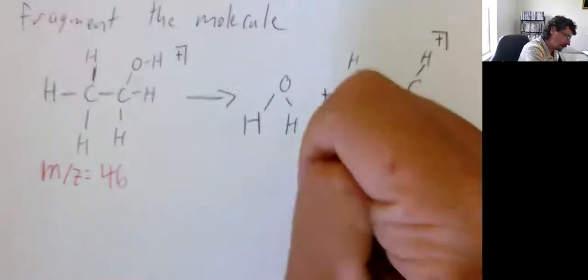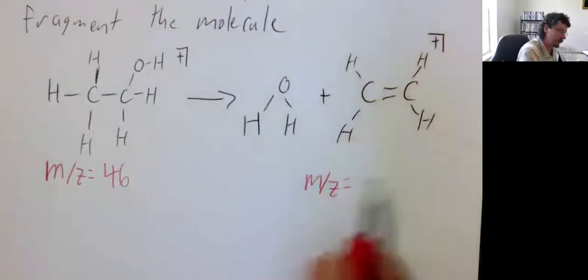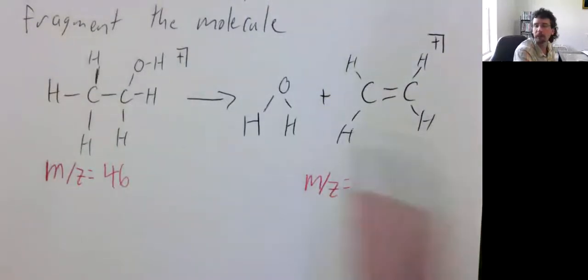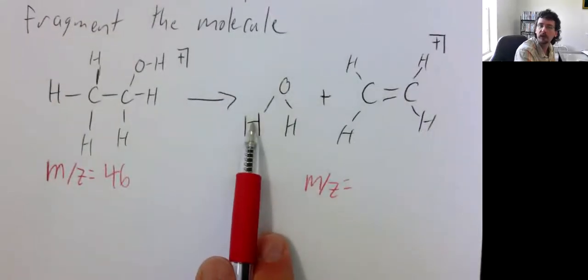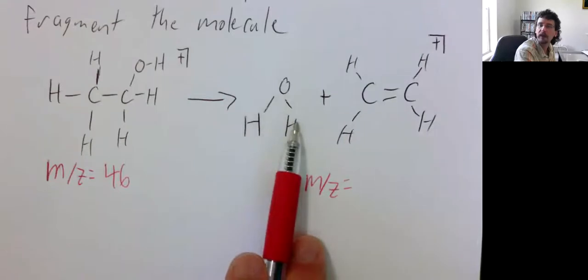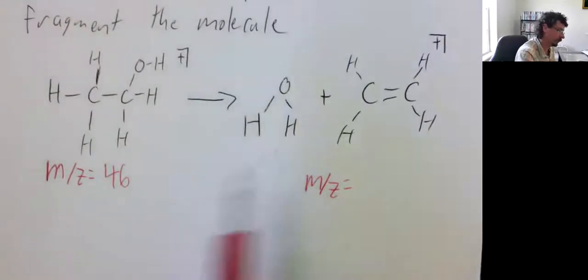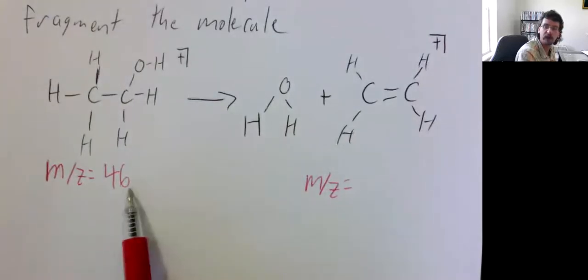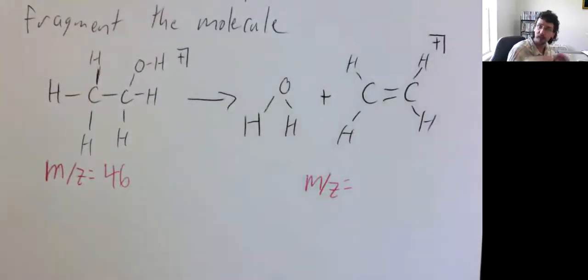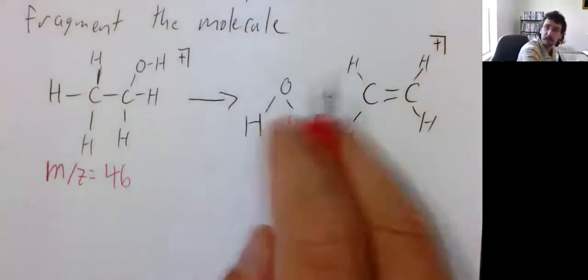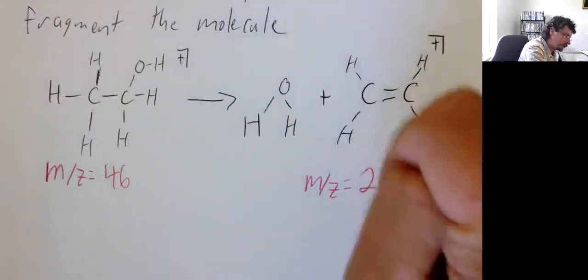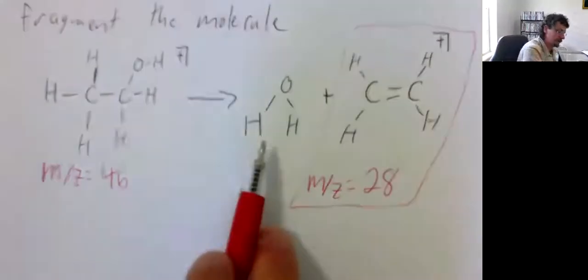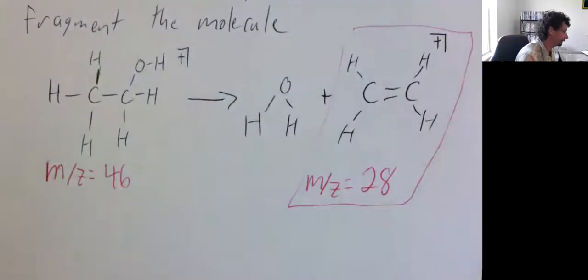And we can predict what its mass to charge ratio will be, because we could look at each individual nuclei, sum them up and get an answer, or we could consider the fragment that broke off. We know that each of these protons is worth 1 AMU, and then we have the oxygen, which is worth 16. So if we subtract off 18 from our original value, we'll get the mass to charge ratio. So there's a couple different ways to do this. If you subtract 18 from this, or you add up the masses of all of these, we get a mass to charge ratio of 28. So this species on this side would show up, whereas this water molecule would not.